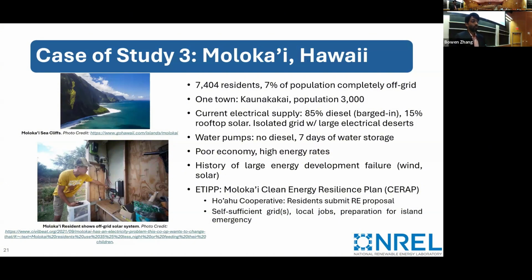There is one town called Kaunakakai with around 3,000 residents, and apart from these 3,000 residents, the remaining population still has no energy access. For this remote island, 85% of the power comes from diesel generators, and the remaining comes from rooftop solar PV.